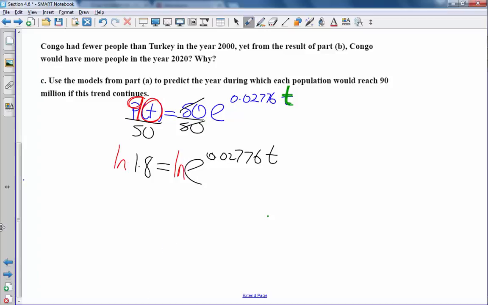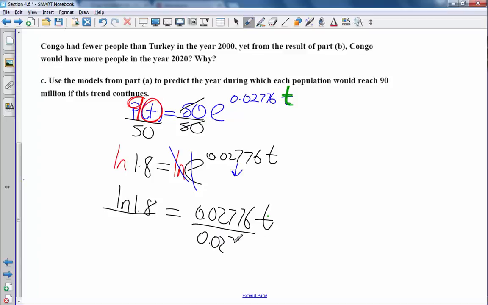We shoot and e is gone. ln and e cancel. And now I divide both sides by that decimal. So we have 0.02776 t. Let's divide both sides by this number.